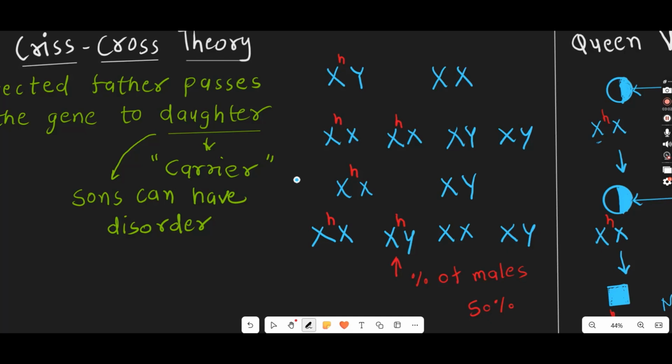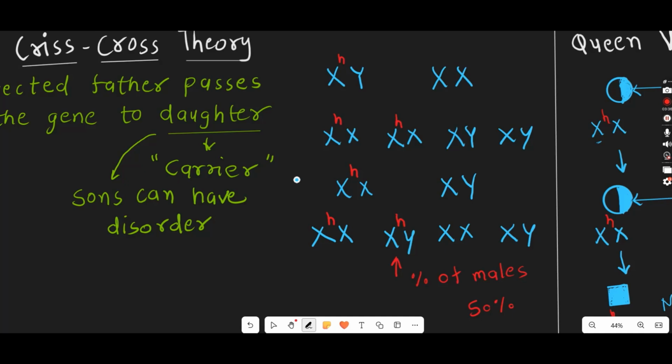So here, this will be a carrier female again. This boy will be hemophilic because he doesn't have another X chromosome to function. And these two will be totally okay. So, if there are two boys, the probability is 50% that a male can have hemophilia.